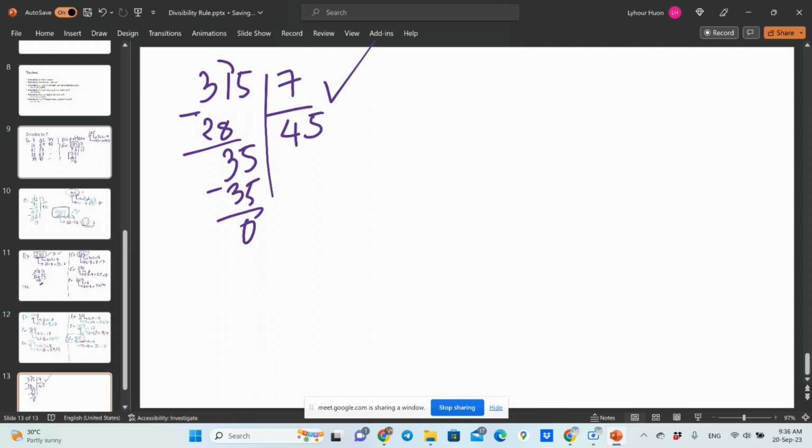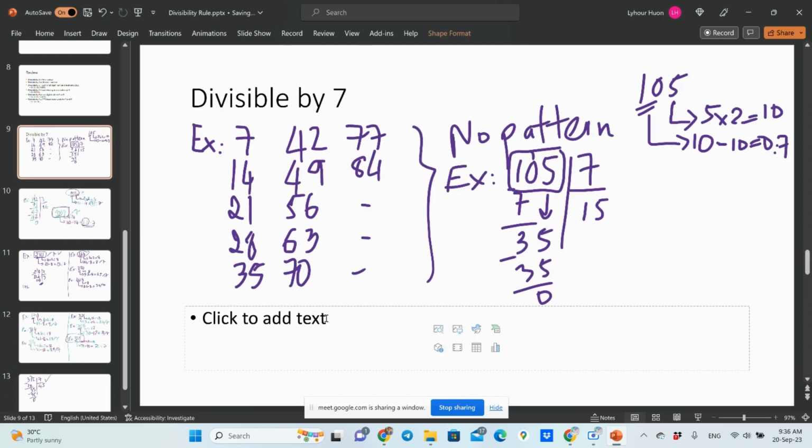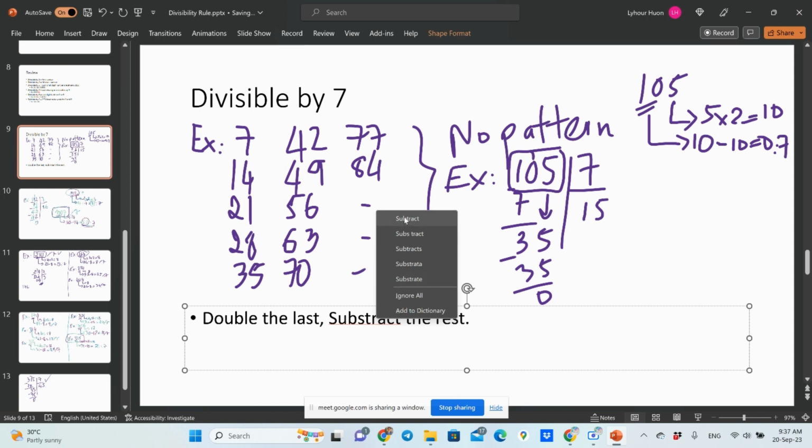So going back, the rule is applied like this. In order to check if a number is divisible by 7, first of all, we double the last digit and subtract the rest. Double the last, subtract the rest.